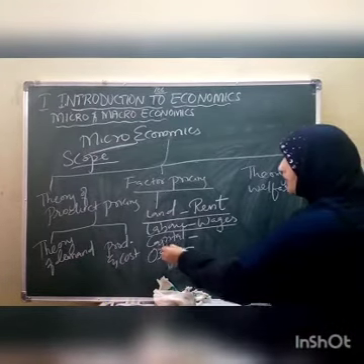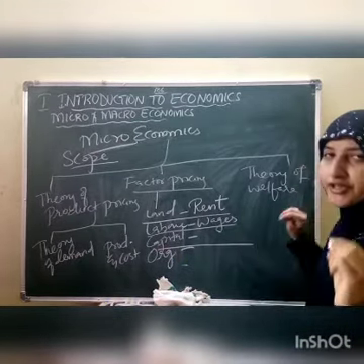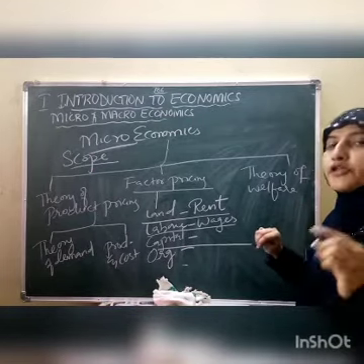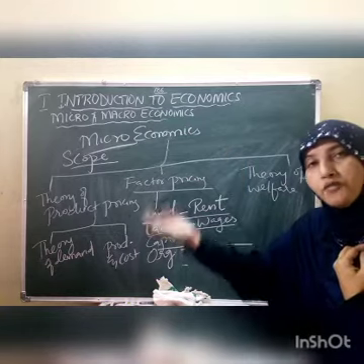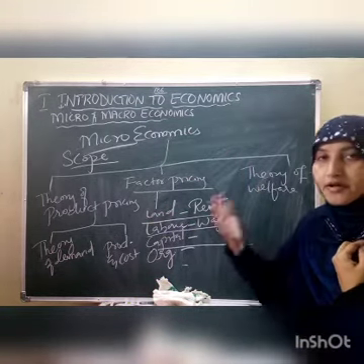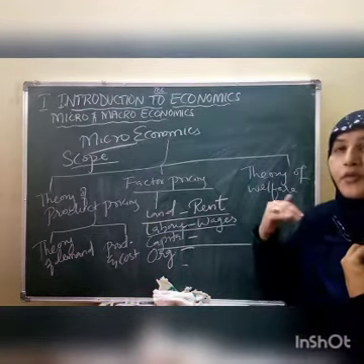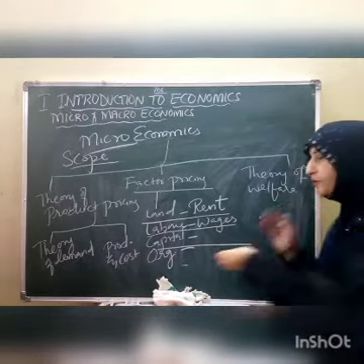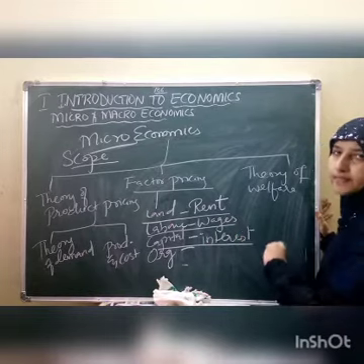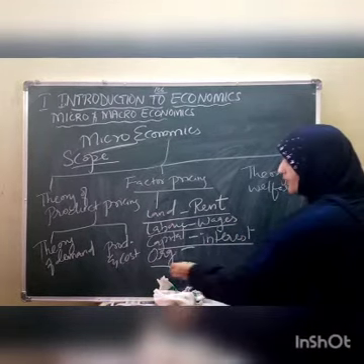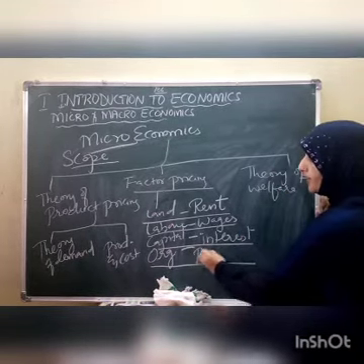Then you have to purchase machinery, but you don't have money. What do you do? You take a loan from the bank. When you take the loan, what do you repay to the bank? You repay interest. And the person who is organizing everything, what does he get, children?